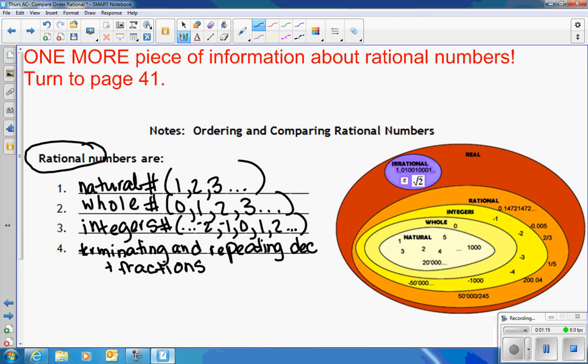So basically, an easier way to think about this is any number that can be written as a fraction is considered a rational number. This graphic over here is a good way to think about it.